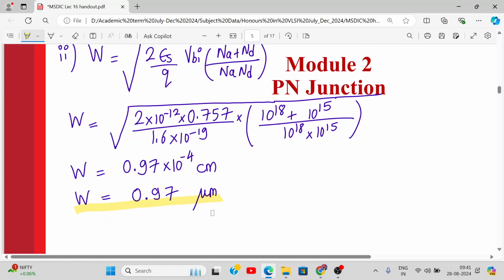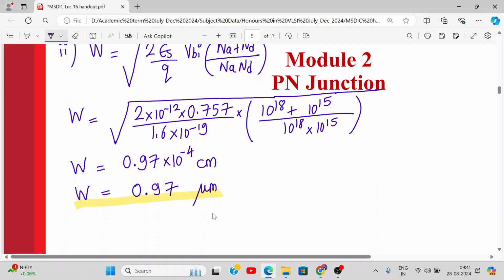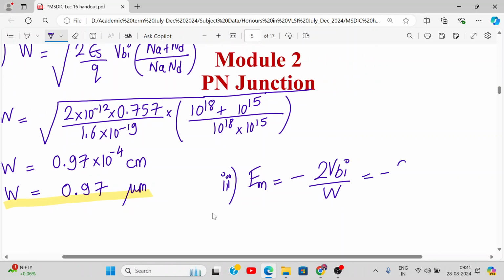Next, what is EM? Minus 2 VBI upon W. That's correct.